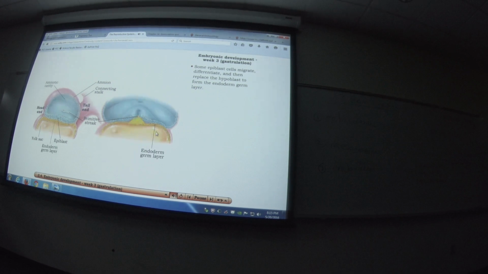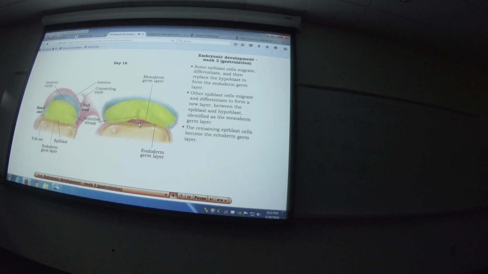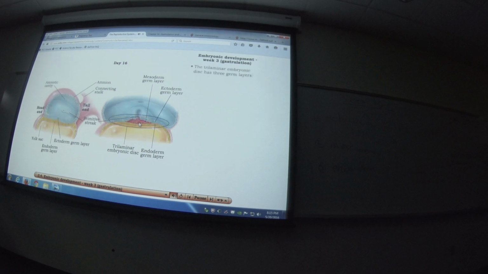So now we're getting a bottom layer. Other epiblast cells migrate and differentiate to form a new layer between the epiblast and hypoblast, identified as the mesoderm germ layer. Middle layer. The remaining epiblast cells become the ectoderm germ layer. The result of gastrulation is the formation of the trilaminar embryonic disc, consisting of the 3 germ layers.